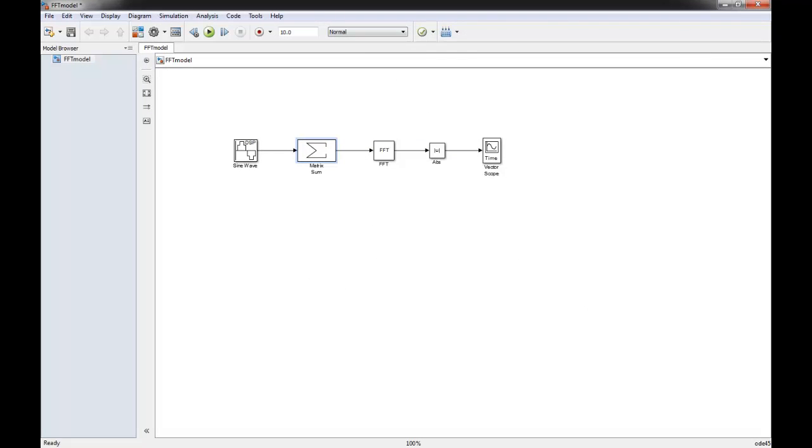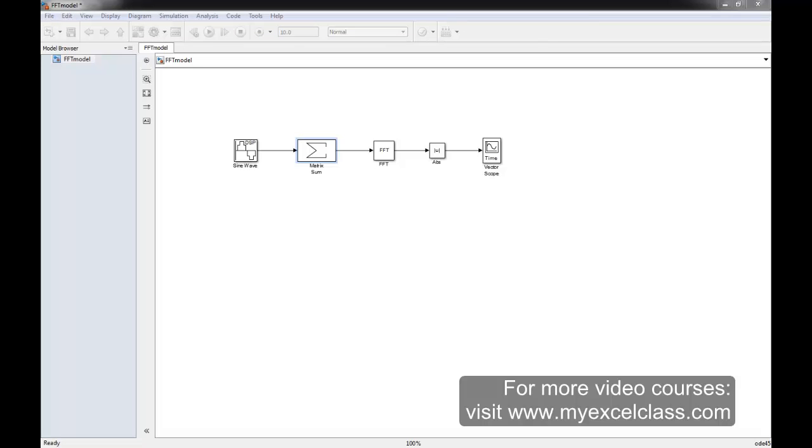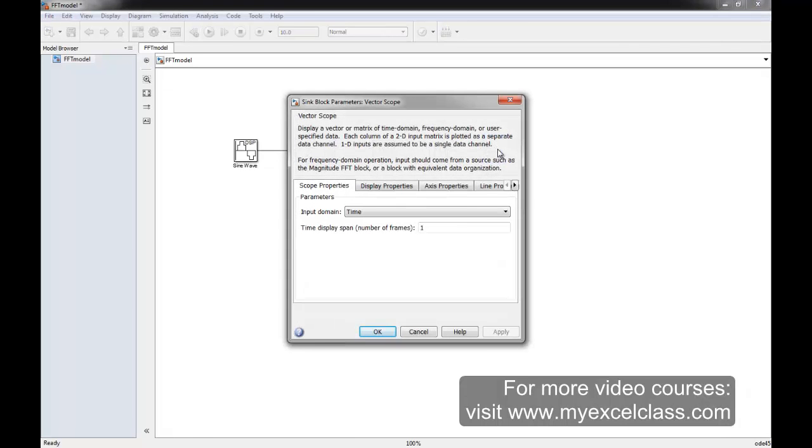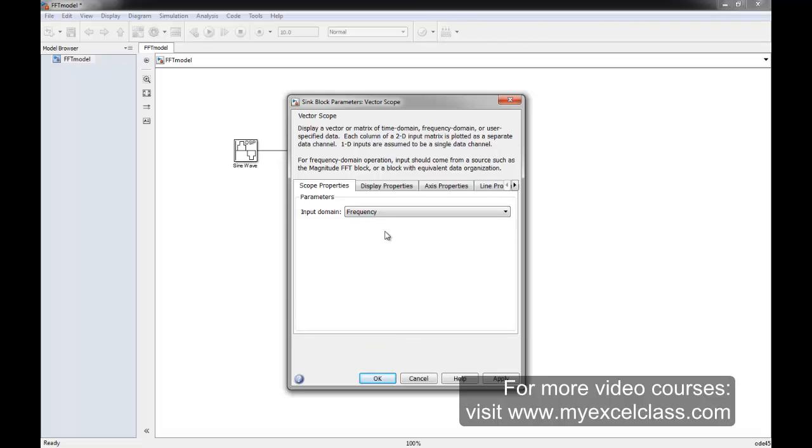Then you have, okay. Click on vector scope, okay, and set input domain equal to frequency, okay, and amplitude scaling.